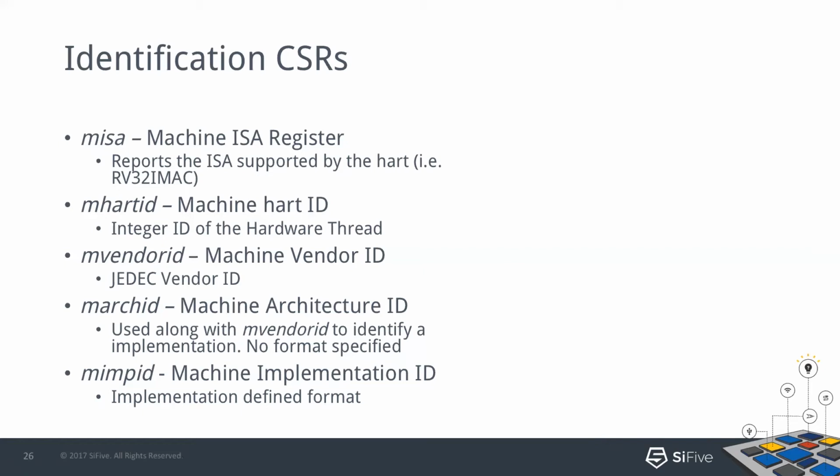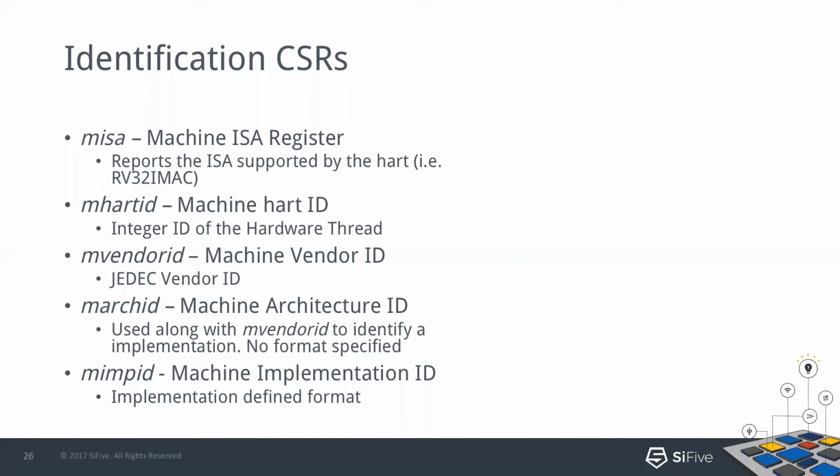The RISC-V specification defines a HART as a hardware thread. For the purpose of this webinar, you can equate a HART to mean a single core. So where you see HART, simply replace it with core. However, in a more sophisticated RISC-V implementation, it is possible for a single core to implement multiple hardware threads, and this is where the HART term comes in.